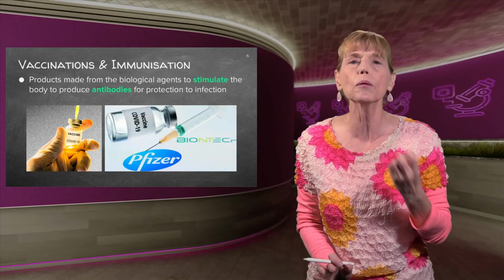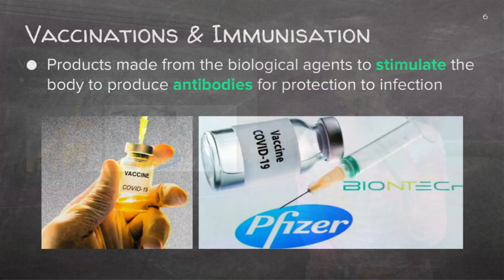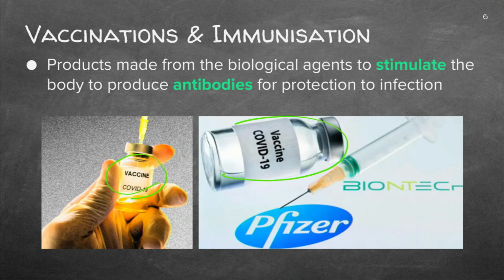Okay, the next one will be vaccines, and that we know is where you take the organism that's causing the problem, be it a bacteria or your viruses. A vaccine is where you take the proteins.